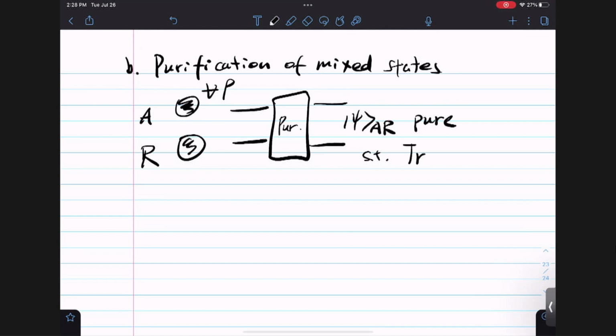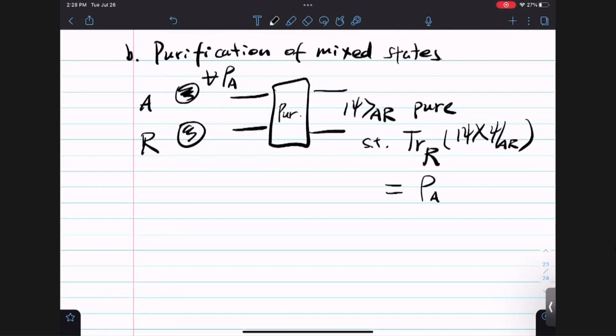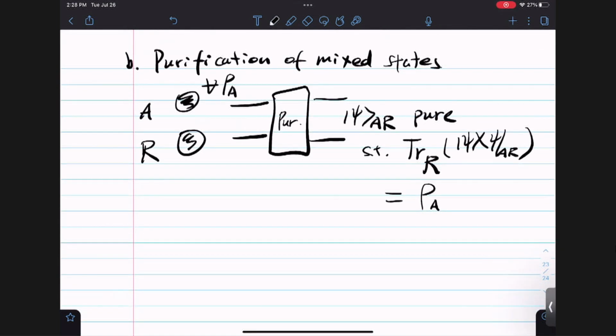So that means if you apply partial trace on the reference system R of this resulting purification, we get exactly rho. So just to be clear, this is a rho on the system A. Okay, so this means for any mixed state, you can use a pure state on a bigger system, and then just ignore that reference system.